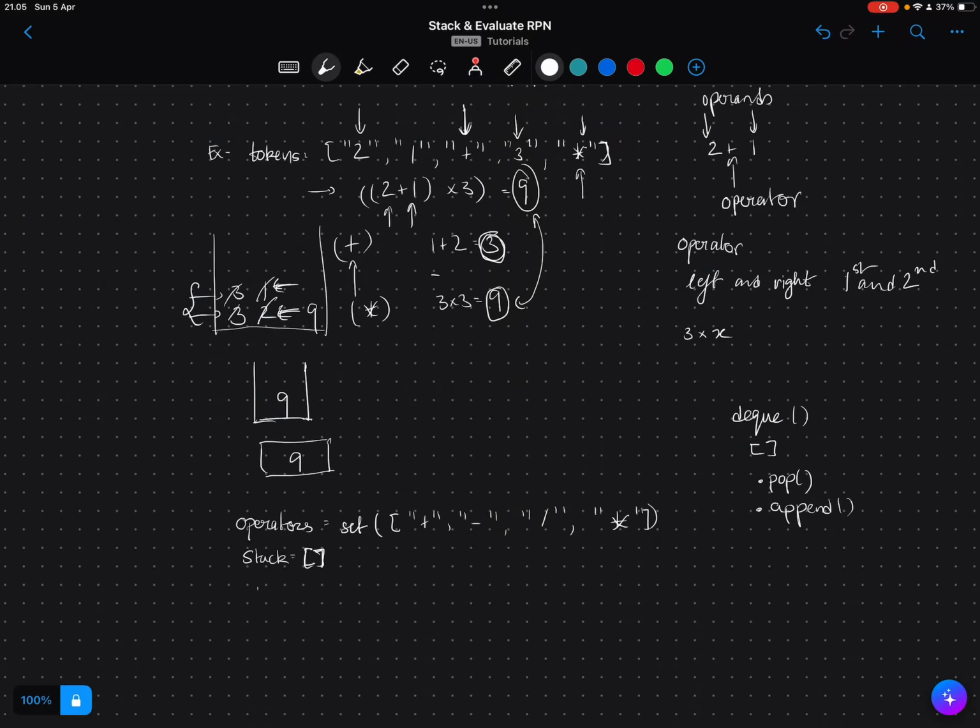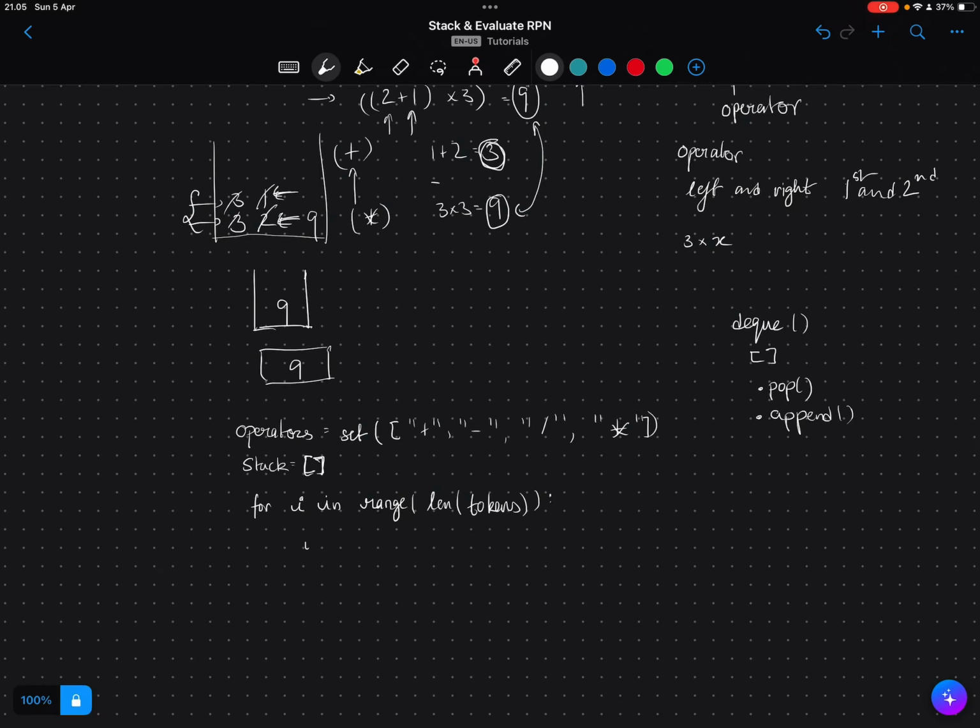So we'll traverse through. Okay, so for i in range length of the array that we are given, so the tokens in this case, we will see if the tokens[i] is in operators.